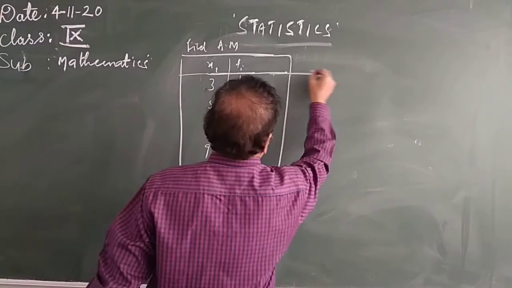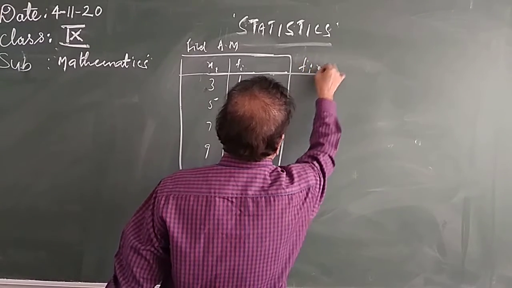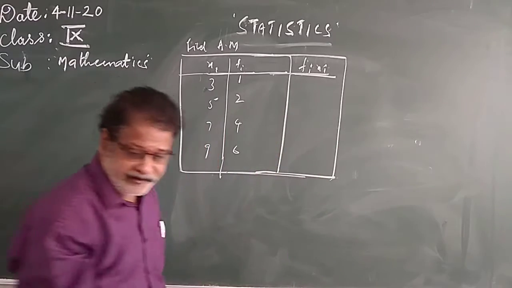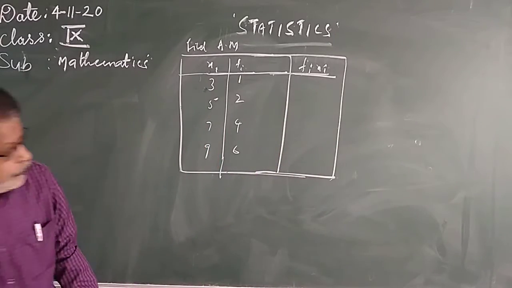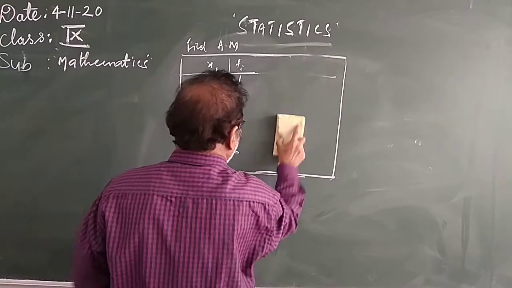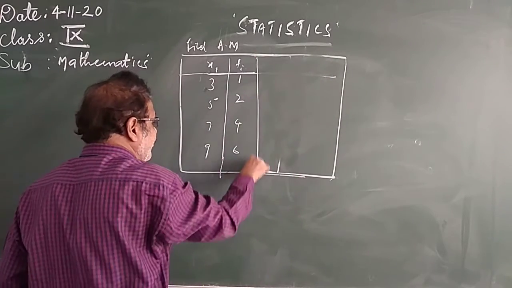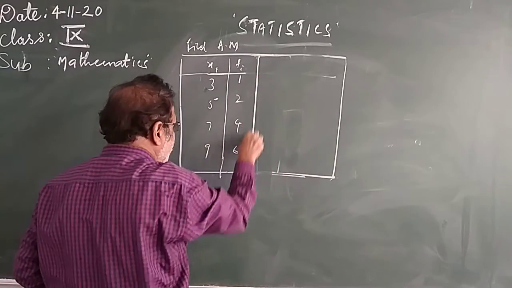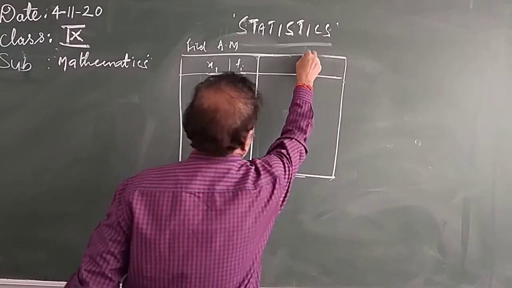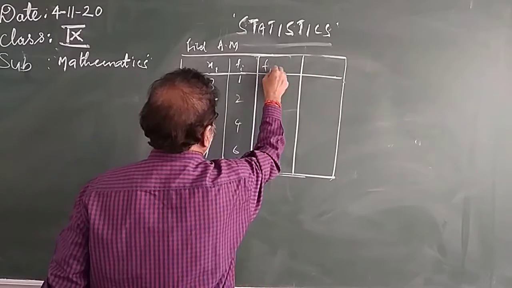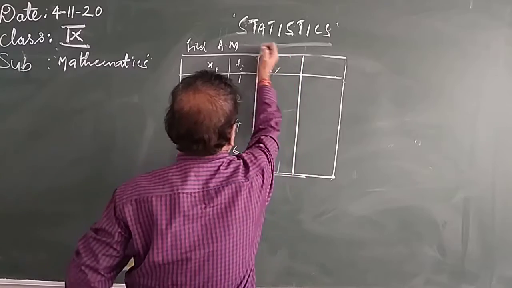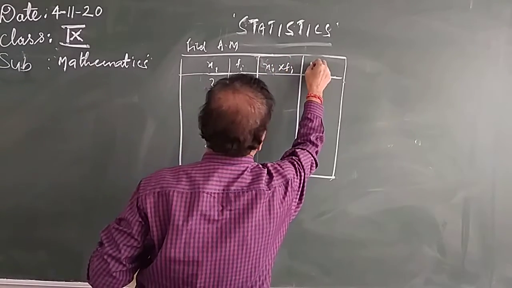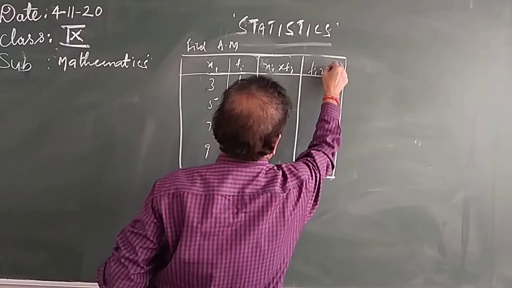Then what do you have to do? You have to multiply frequency and observation, fi into xi.